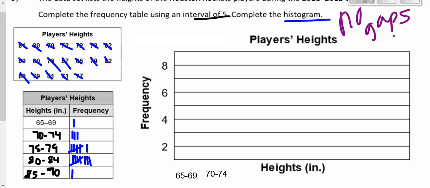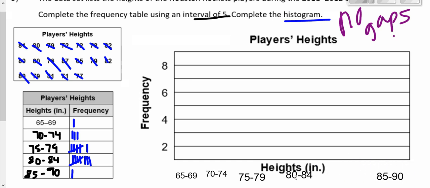And then we have 75 through 79. Write that down so we can see it. Then we have 80 through 84. And 85 through 90.